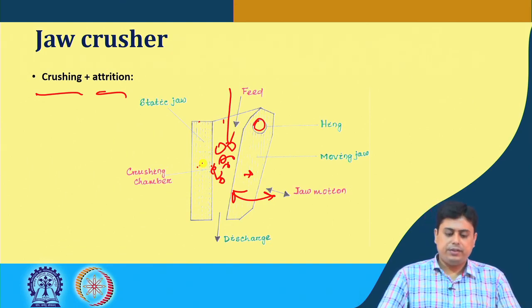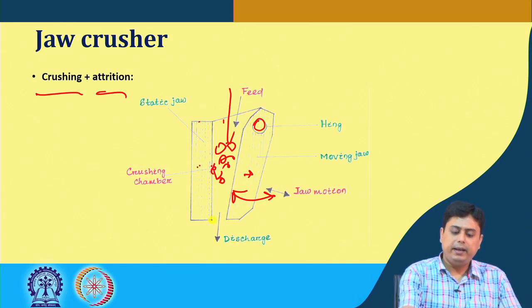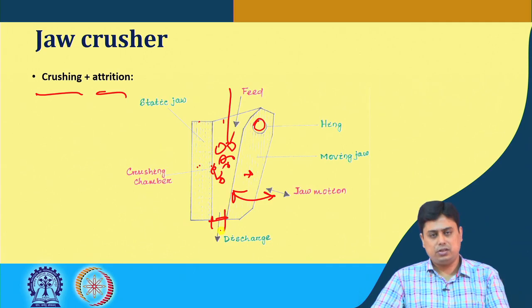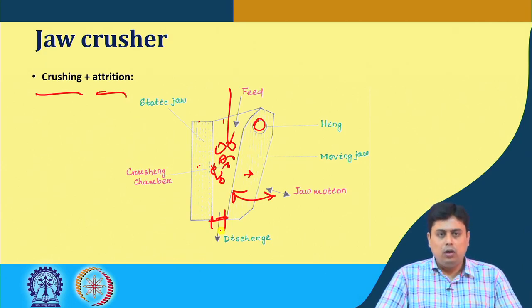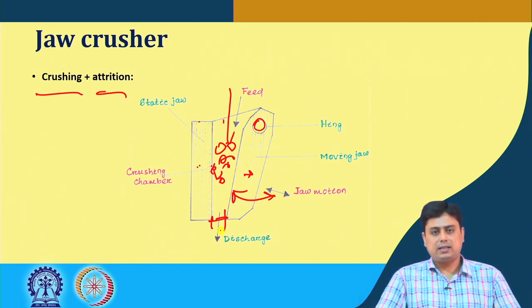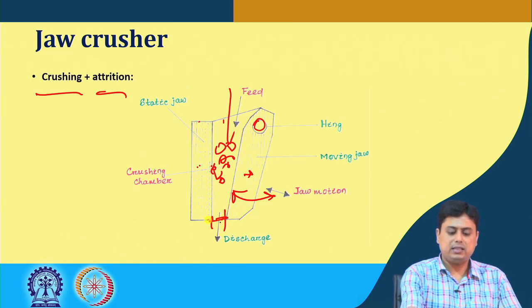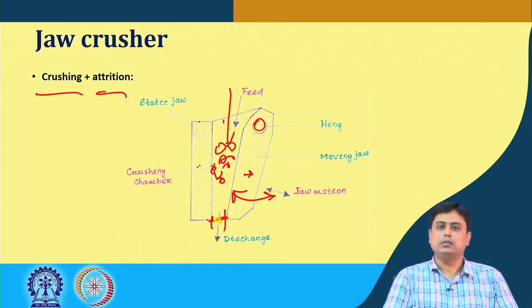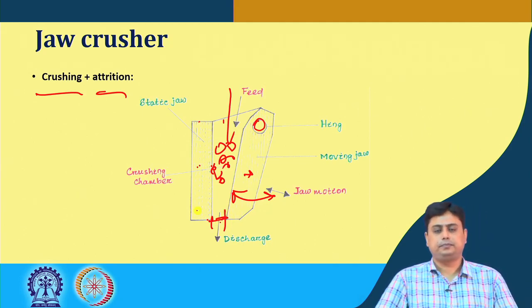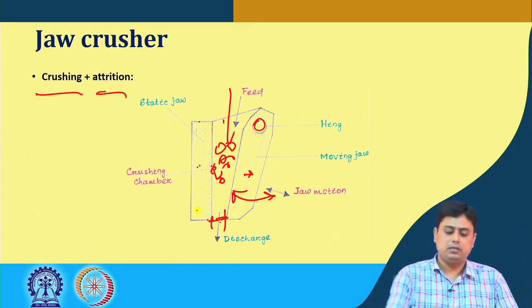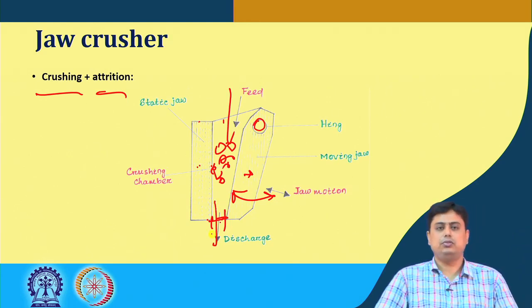The interesting phenomenon here is that the outlet particle size range varies depending on the discharge size. So, you can control the product size range by adjusting this gap at the outlet, or the movement of this impact. If it is small enough, it will be discharged through the outlet.